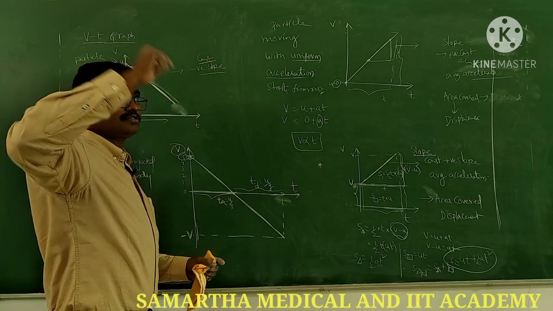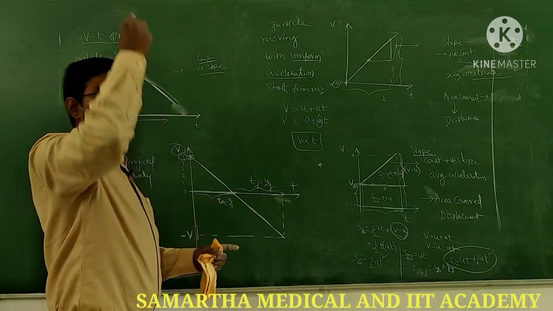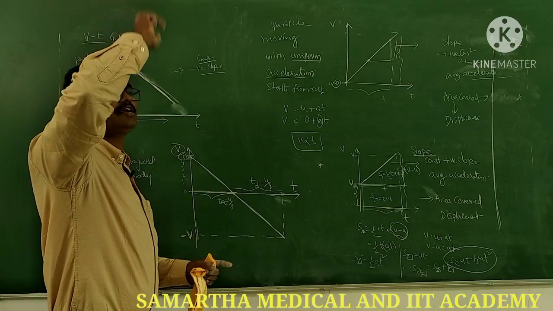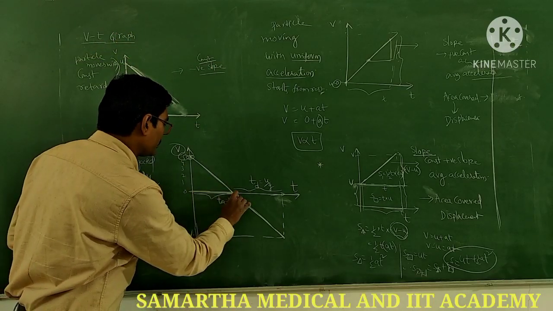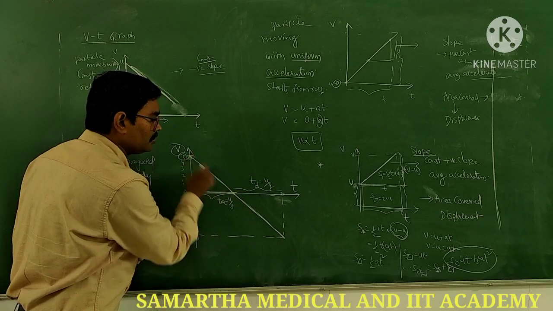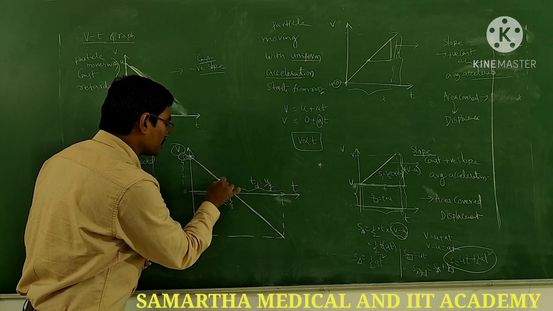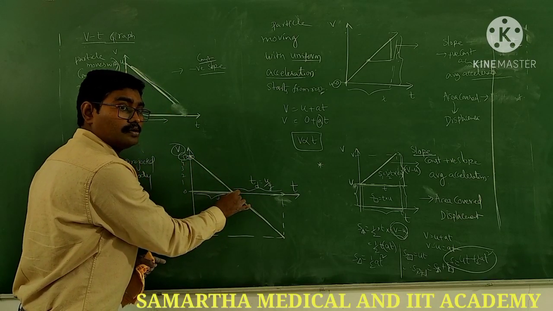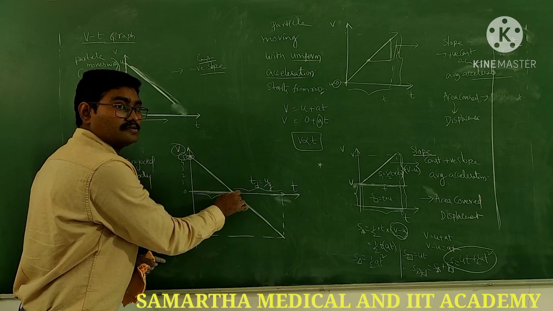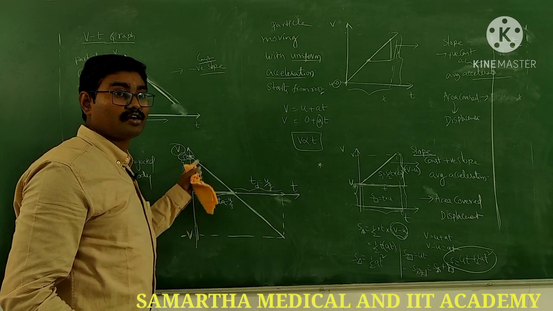Time is increasing, and the velocity goes from maximum to 0, so the graph decreases like this. Constant negative slope, constant retardation, acceleration due to gravity minus g, acting on the body.